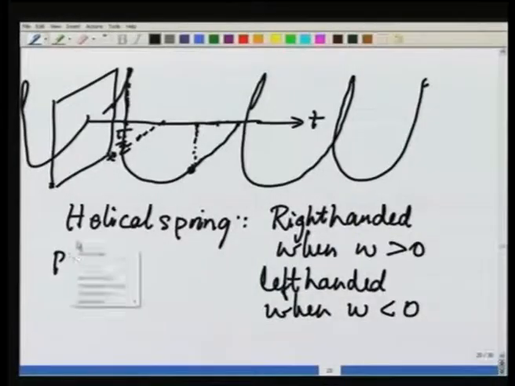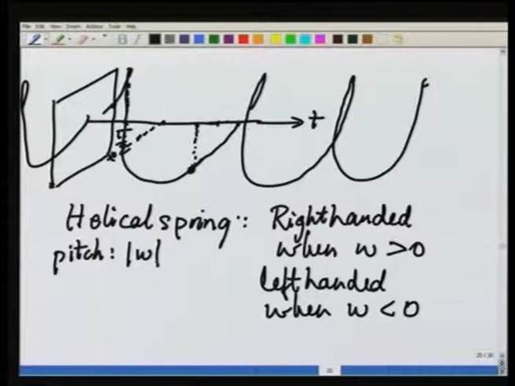What is the pitch of the spring? The pitch of the spring is determined by the value of mod omega. Greater mod omega, smaller is the pitch. The pitch is the distance travelled along the axis of the spring.